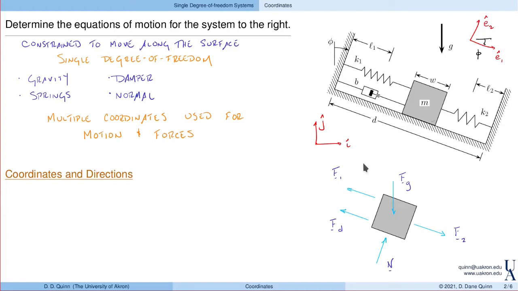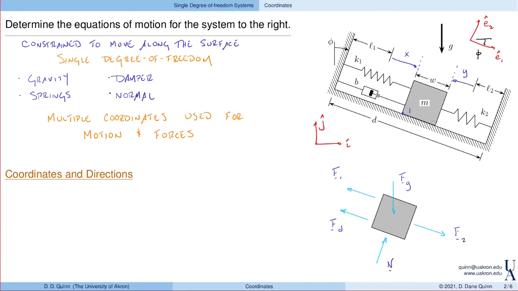Now, in terms of these forces, the force in spring 1 is related to the stretch in spring 1. So here, let's define that as X, while the force in spring 2 is naturally related to the stretch in spring 2. So that we'll define as Y. For the motion, we want to know the position of this block.